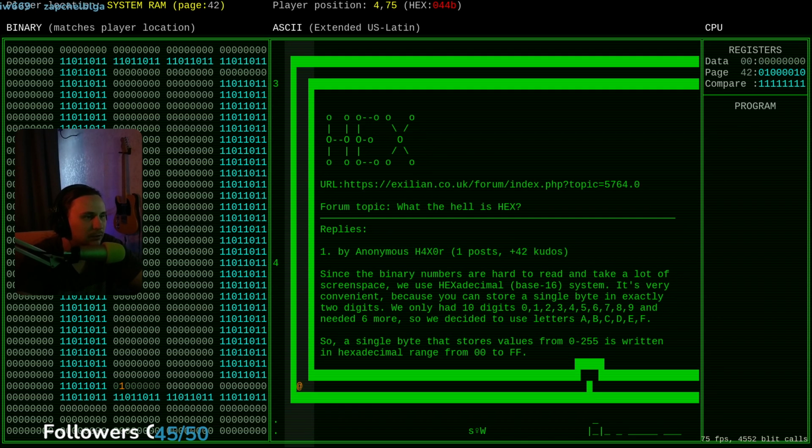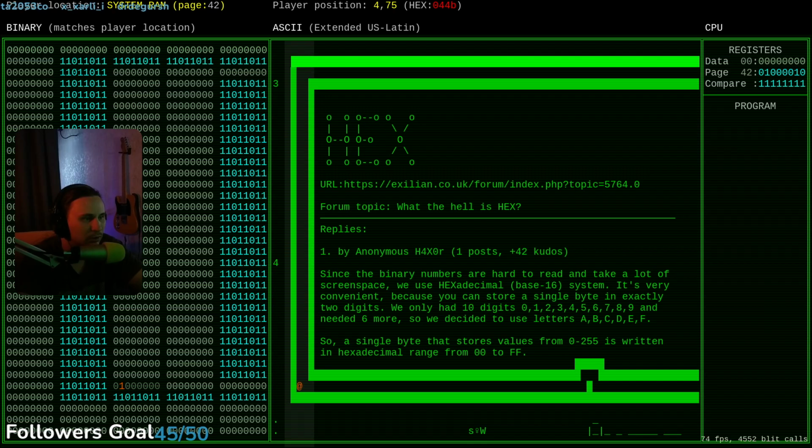Since the binary numbers are hard to read and take a lot of screen space, we use the hexadecimal base 16 system. It's very convenient because you can store a single byte in exactly 2 digits.